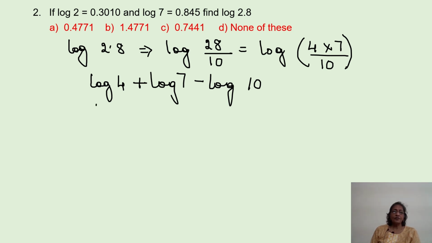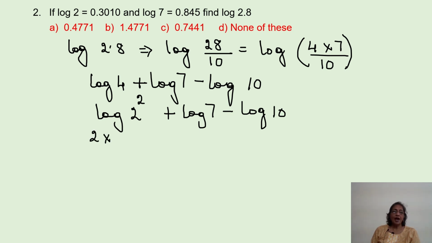Log 4, I can write it as log 2 raised to 2, plus log 7. I will substitute the values in the next step. So this can become 2 into log 2. Now I know the value of log 2 as 0.3010 plus log of 7, 0.845.